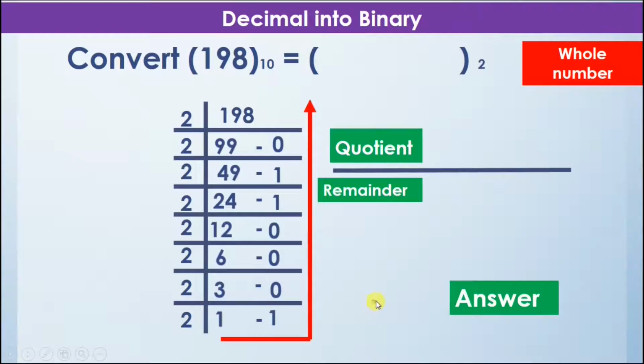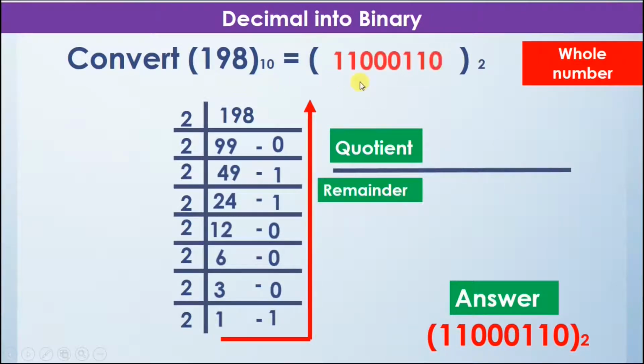So now we can say that the answer is 11000110 in binary. So this is how the answer is calculated, and now we can say that the number 198 in decimal is equal to 11000110 in binary.